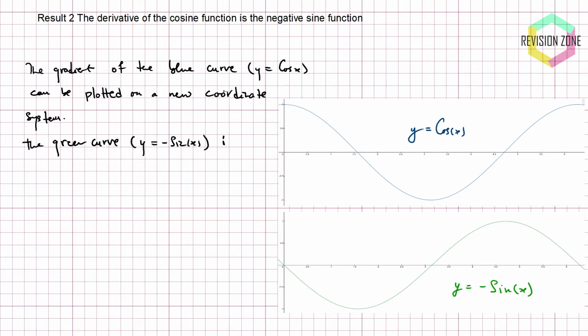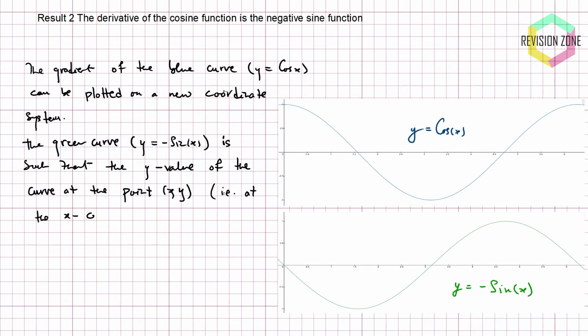is such that the y values of the curve at the point (x, y), in other words, at the x coordinate x, are in fact the same as the values of dy by dx.